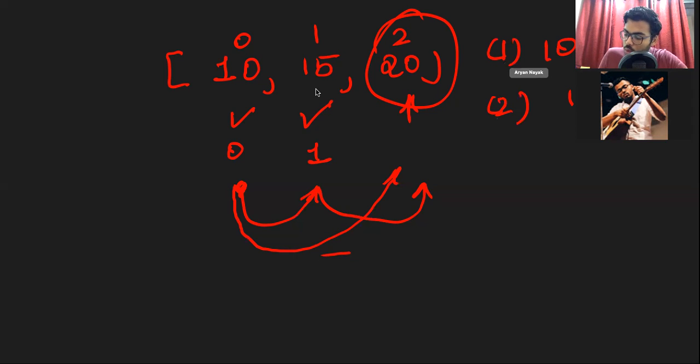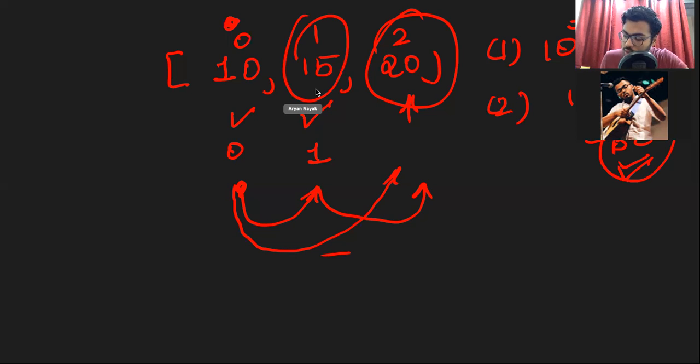Now when we see what is the minimum that we get, here is 30, here is 45. So minimum is exactly this, right? So if we start from the first index and we reach the last, we would take 30 as the cost.